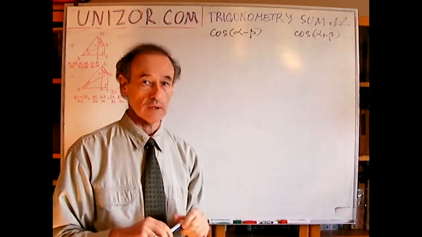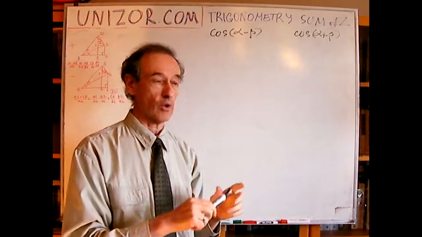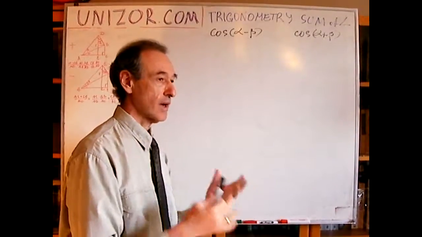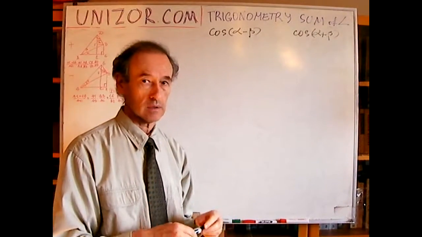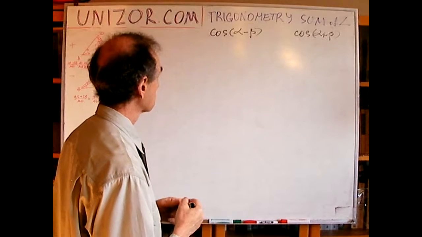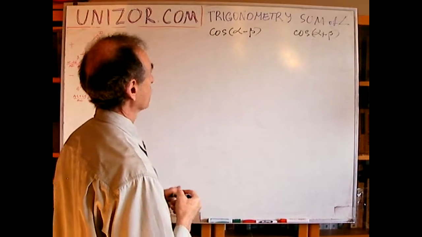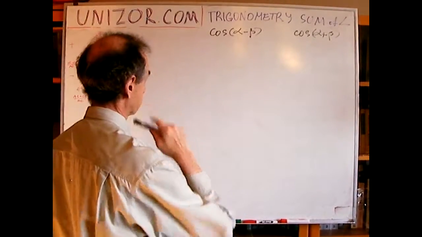All are acute angles from 0 to pi over 2, greater than 0 and less than pi over 2, so I can construct right triangles using these angles. Okay, let's start with a difference, let's say.